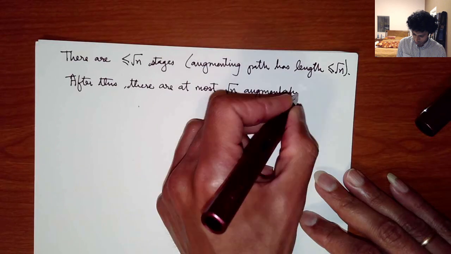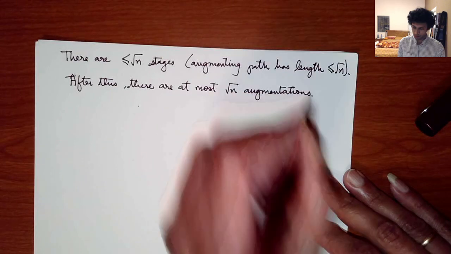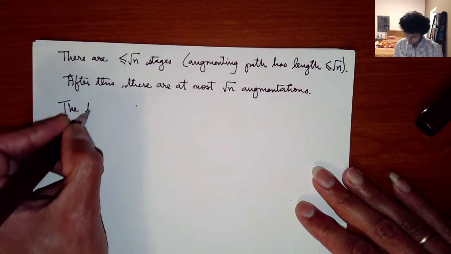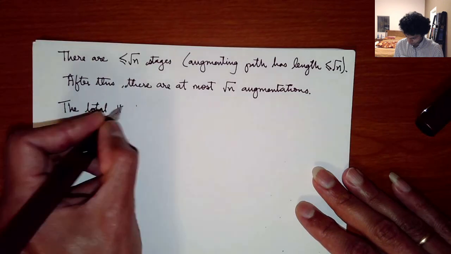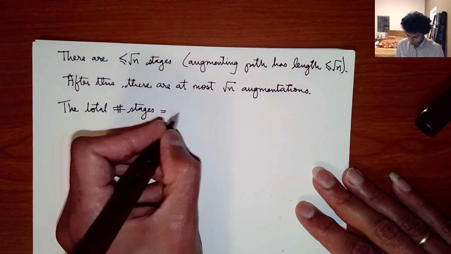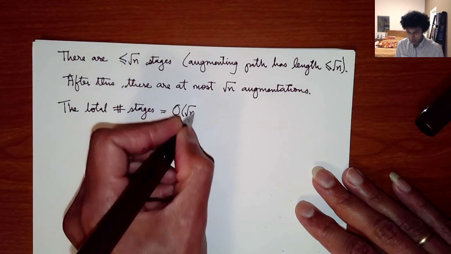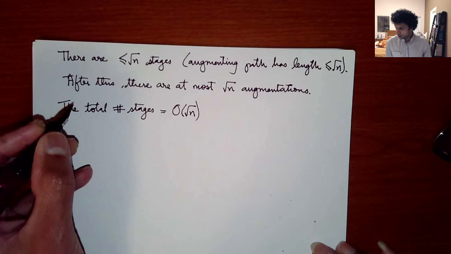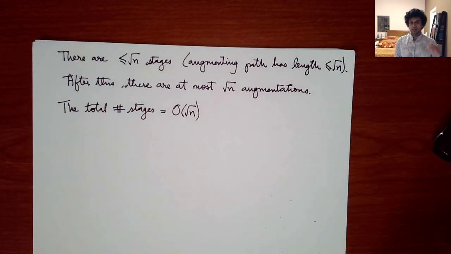Let alone stages, there are at most root n augmentations. So the total number of stages is actually O of root n. So there are only root n stages when you do bipartite matching.